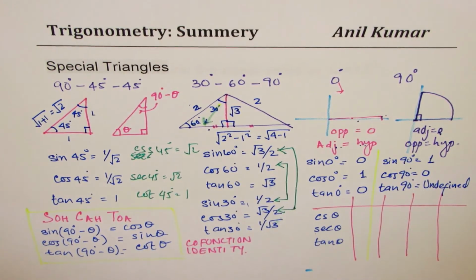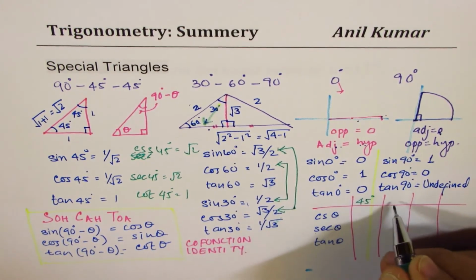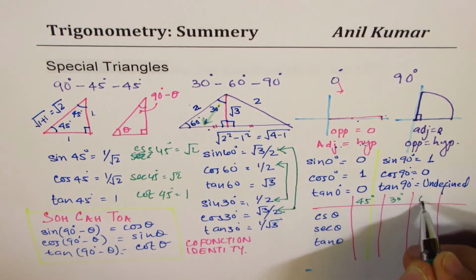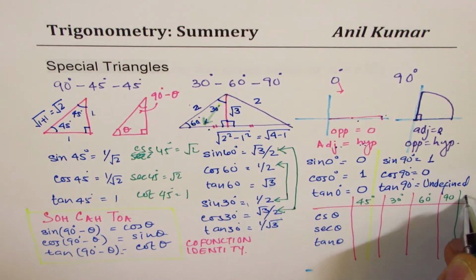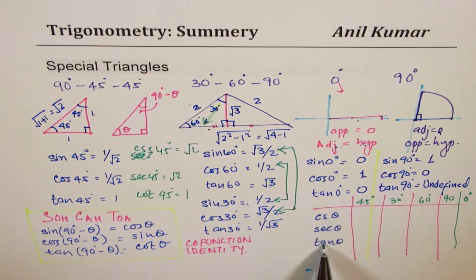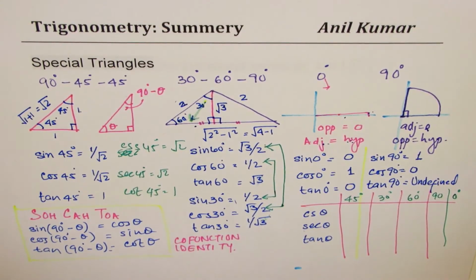For different angles, let's say 45 degrees, 30 degrees, 60 degrees, 90 degrees, and 0 degrees. Is it okay? So fill up these reciprocals for these angles. That should be a good exercise. So I hope you understand how with special triangles we can find angles and also the sides without a calculator.